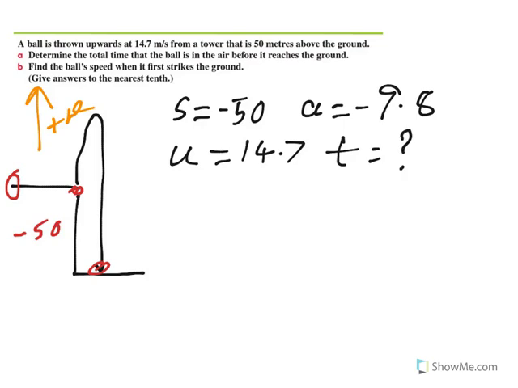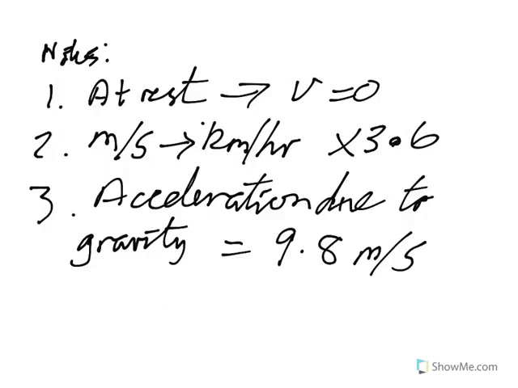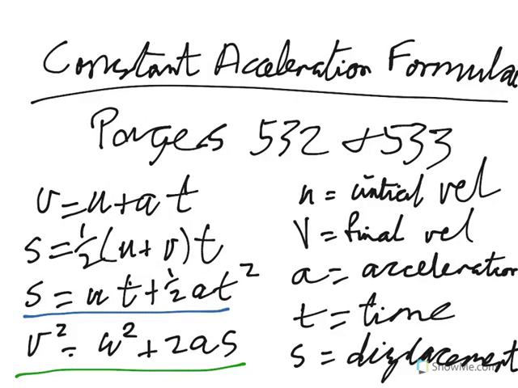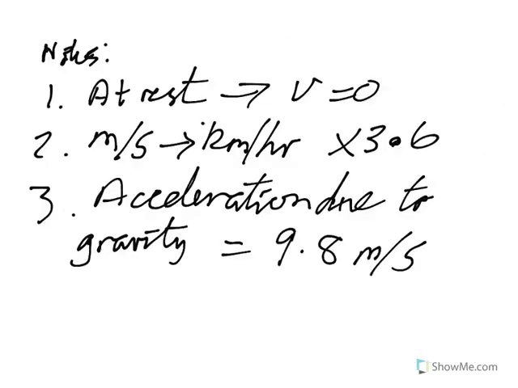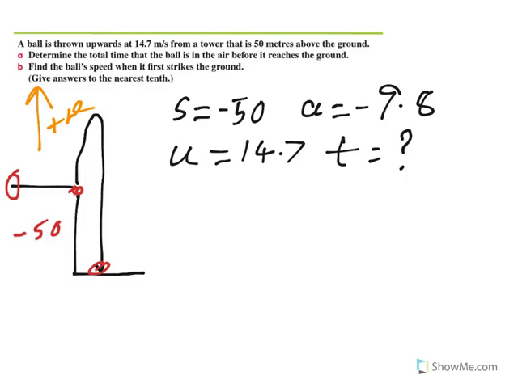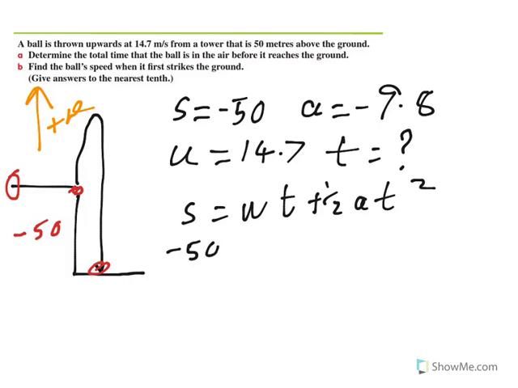So we go back to the one without final speed in it, without v in it. So s equals ut plus half at squared. So negative 50.